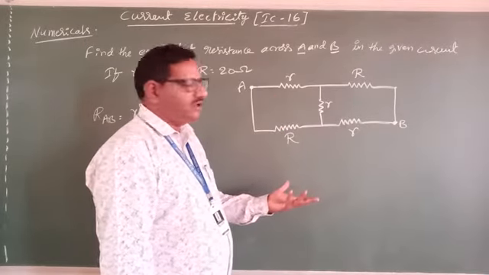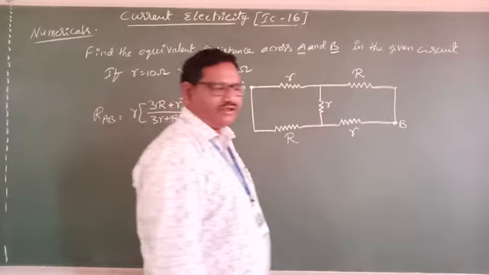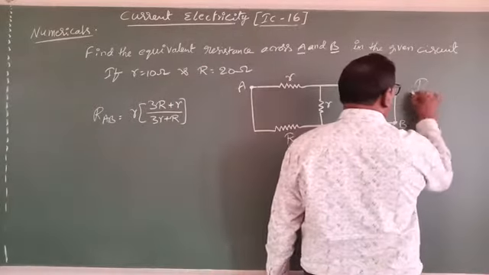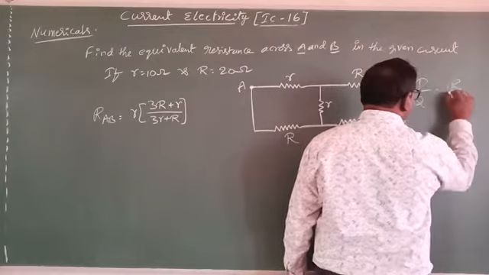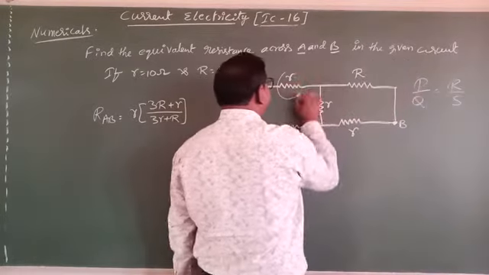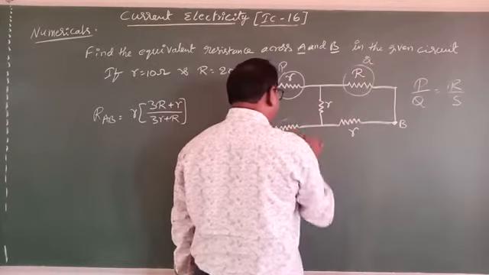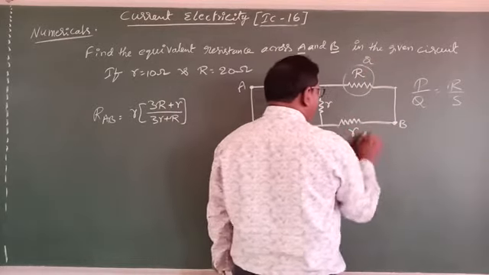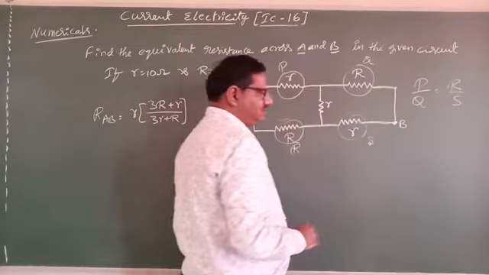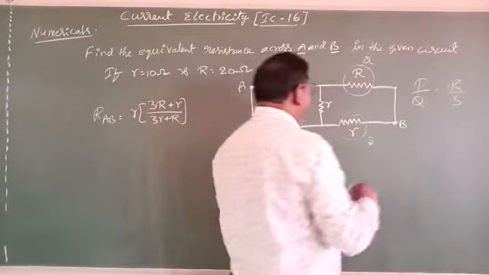Is it a balanced bridge or an unbalanced bridge? Can you tell? If it is a balanced bridge, what can you write? P by Q equals R by S. Here you can take this value as P, here as Q, here as R, and here as S. Then what can you write? See that?